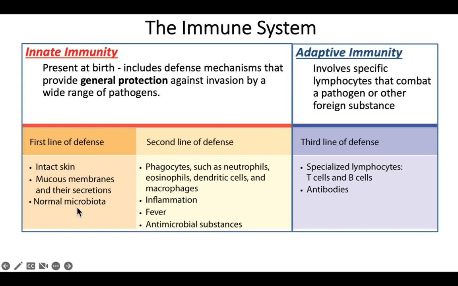And then the third thing mentioned here is called the normal microbiota. The normal microbiota are the microbes that live within you and on you. You might have heard of this called the normal flora. That term isn't really used anymore. It's the normal microbiota. So this is the healthy bacteria that you have growing on your skin and in your digestive tract.